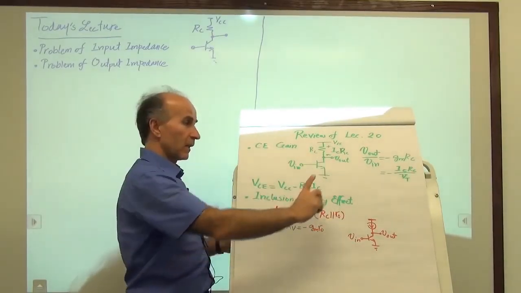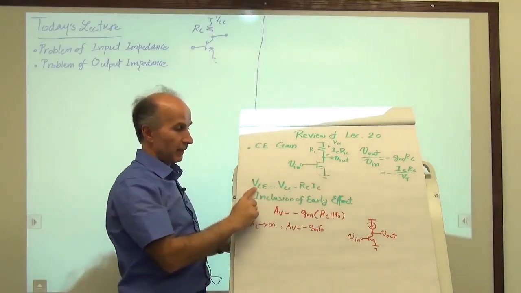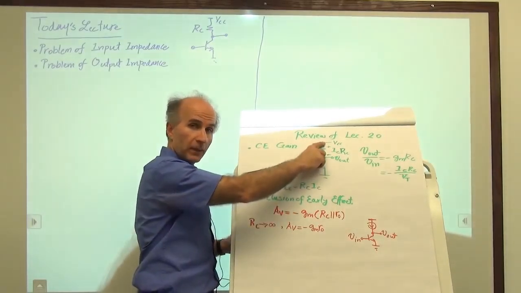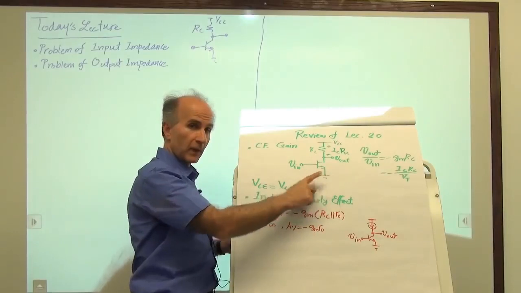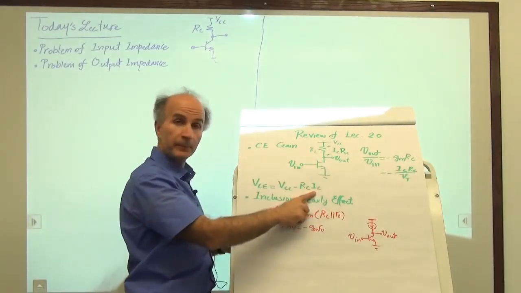This is because the collector emitter voltage of the device is given by VCC, meaning the supply voltage, the battery voltage up here with respect to ground, minus this voltage drop, which is ICRC.